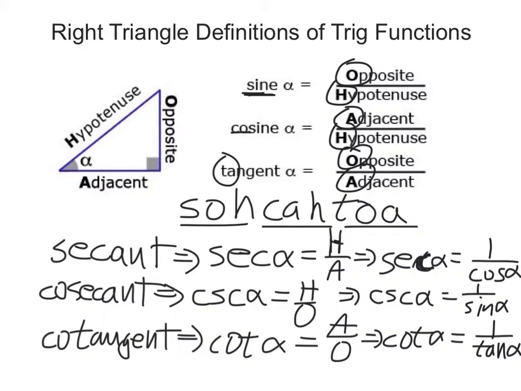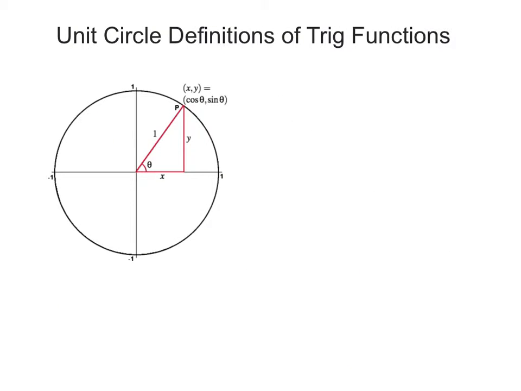Now, this is one set of definitions for trig functions, and this was more what the videos you were to watch focused on. But I'm going to take this a little bit farther and show you something you may not have seen yet. The unit circle: we talk about a circle of radius 1, and you can see here graphically we put the center of the circle at the origin and then radius 1.